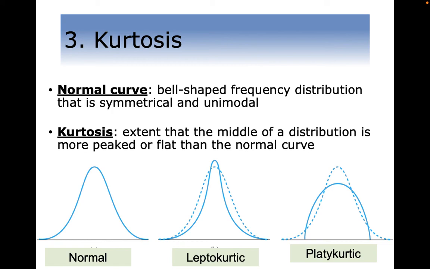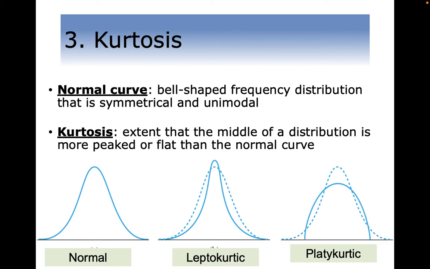Leptokurtic distributions are very peaked and usually have more scores in the tail of the distribution than the normal curve. It's as if the normal curve got pinched in the middle and some of the scores went up into the sharp peak and the rest spread out into thicker tails.